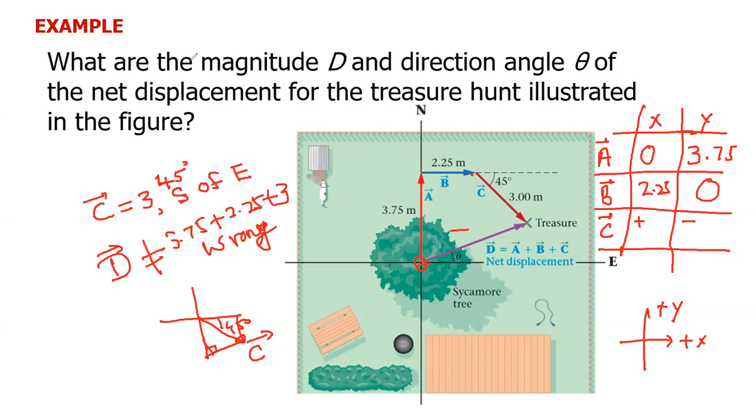After that, you can find out what the total displacement is. In other words, I could write dx, add everything together, dy, add everything together, and finally, let me show you the numbers.